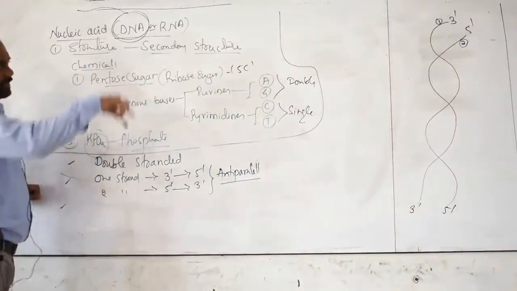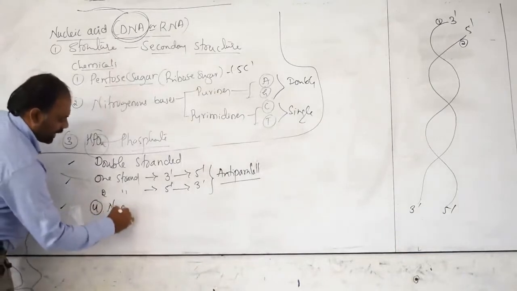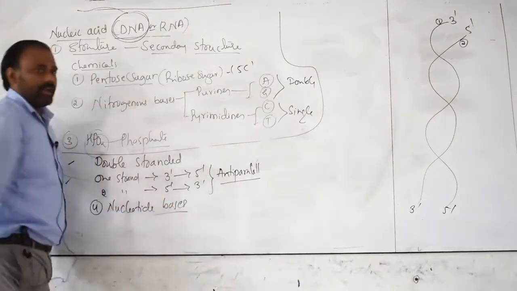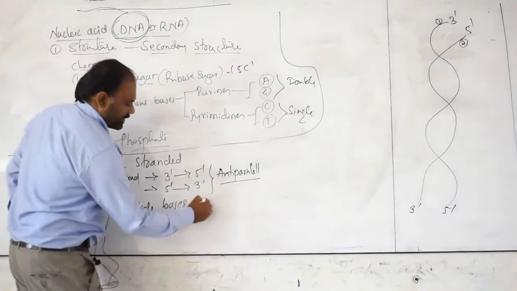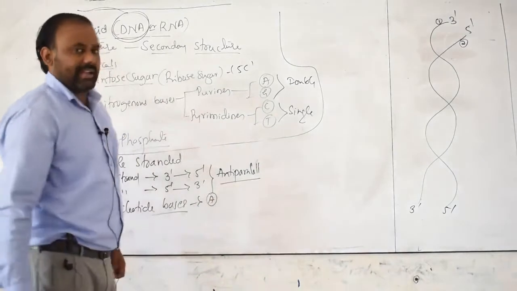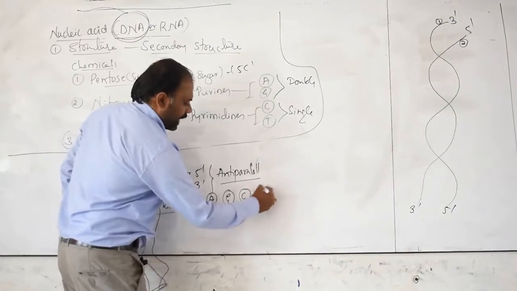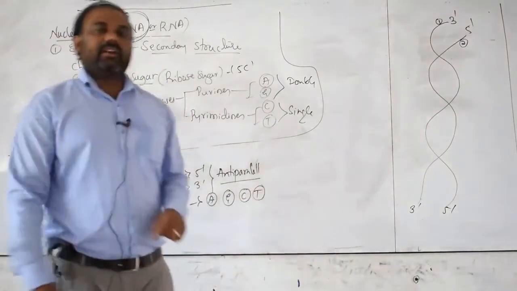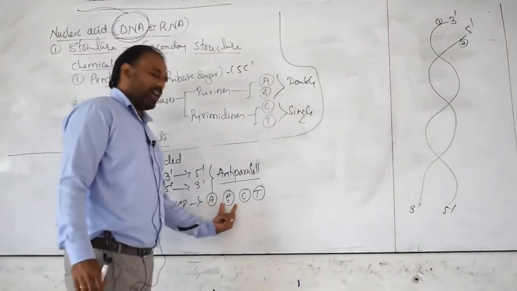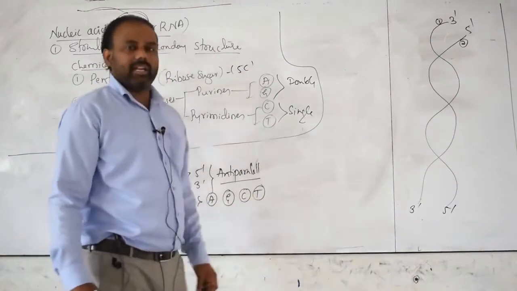Next, in this DNA strand, there are 4 nucleotide bases. Those 4 nucleotide bases are adenine, which we can call adenylic acid, guanylic acid, cytidylic acid and thymidylic acid, also called deoxyadenylic acid, deoxyguanylic acid, deoxycytidylic acid, and deoxythymidylic acid.